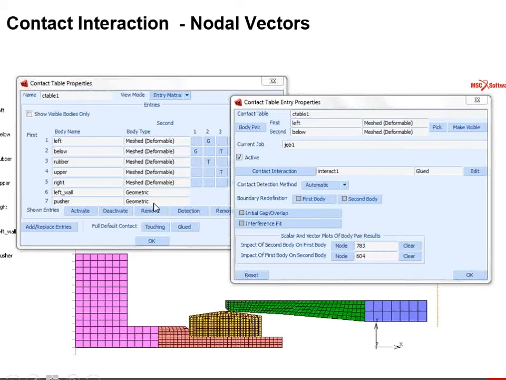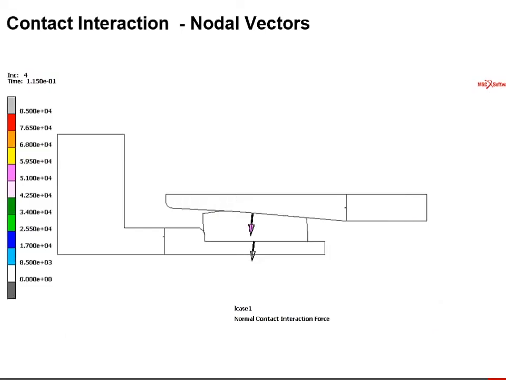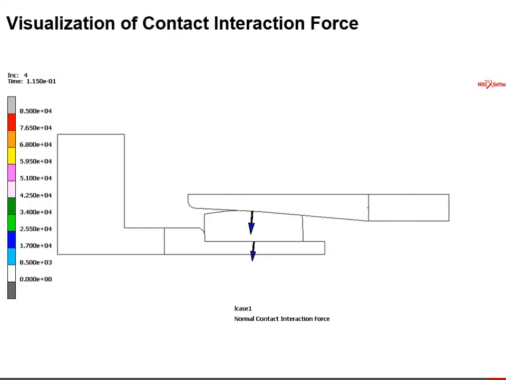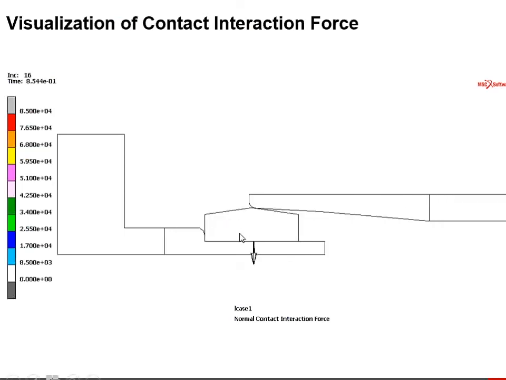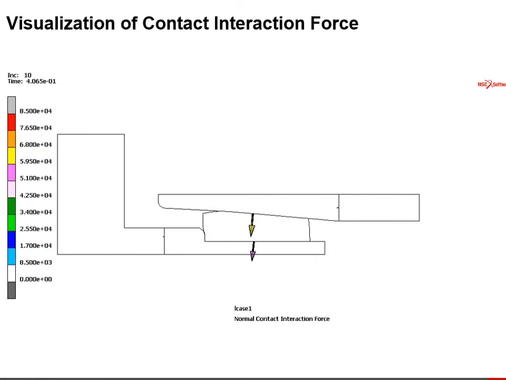One is when you see the contact table menu, you can click on one of these boxes, and the entry values come up, and you can enter two additional nodes, one associated with each body. And if you do that, then in a post-processing mechanism, we can really visualize what is the total interaction force between these bodies during the mechanical process.